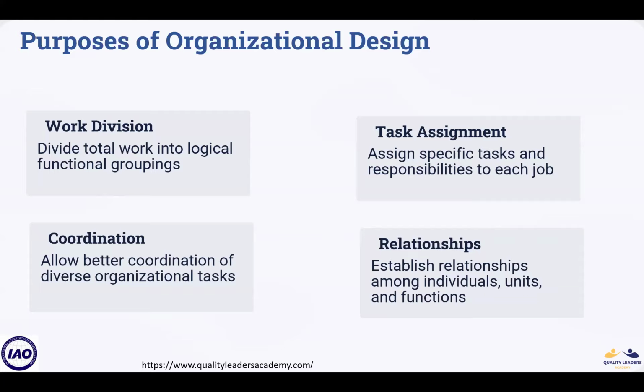Whereas the quality department and other clinical departments, though they are not above each other, work together. So that's a sort of relationship that is defined by the organizational design. In simple words, it answers three simple questions: who does what, who reports to whom, and who collaborates with whom.